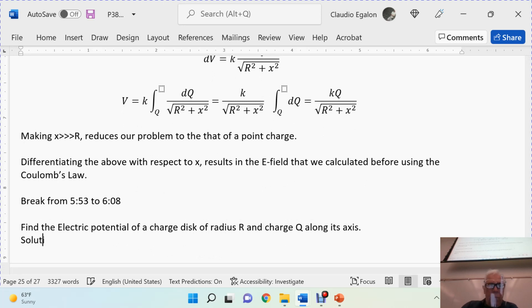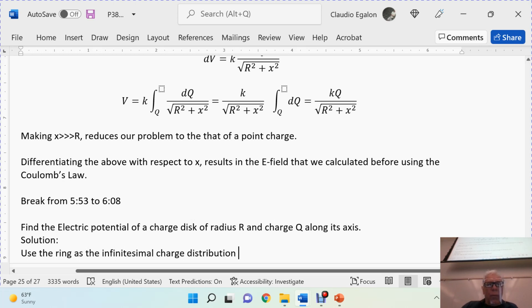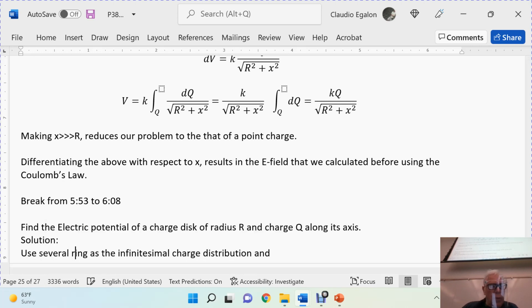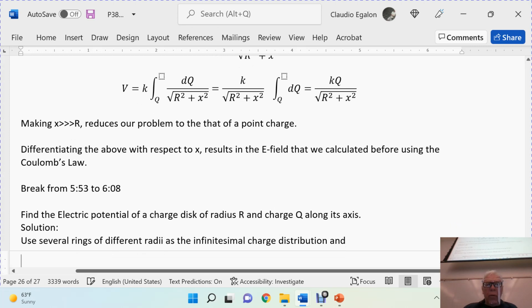Solution: use the ring as the infinitesimal charge distribution, and use several rings of different radii as the infinitesimal charge distribution of the disk.